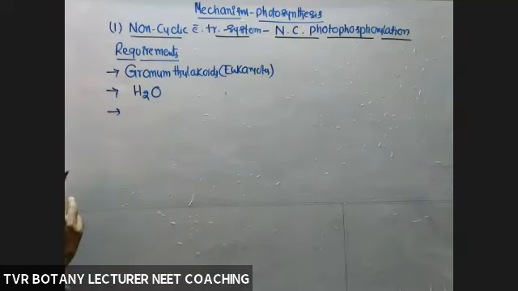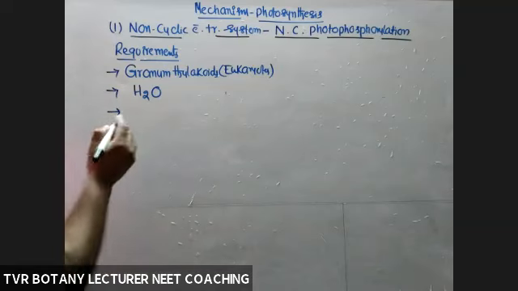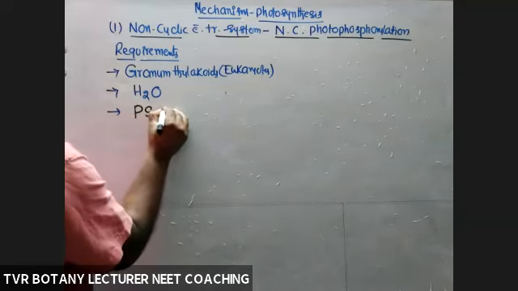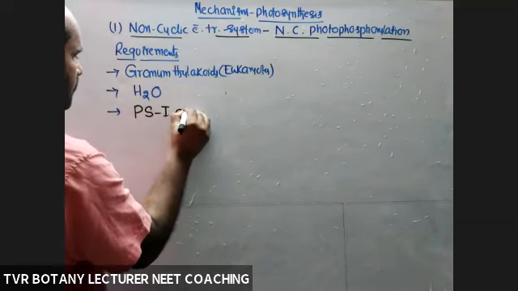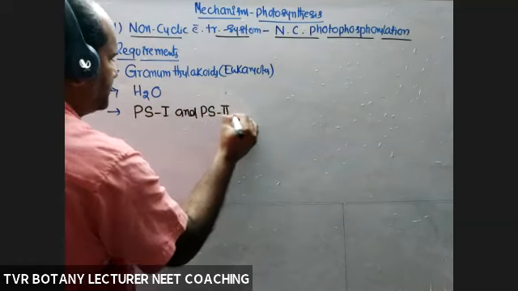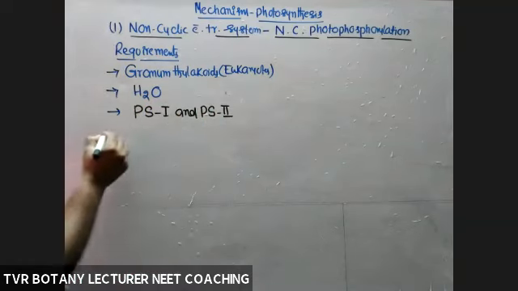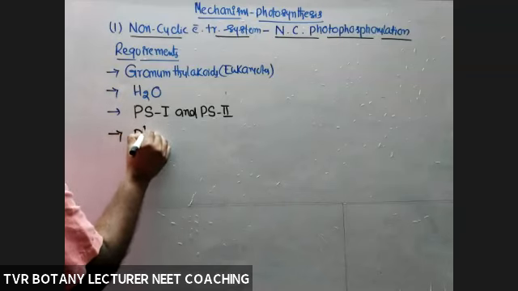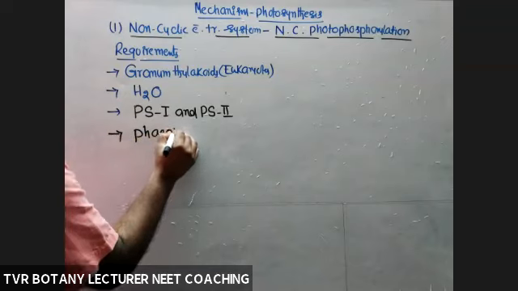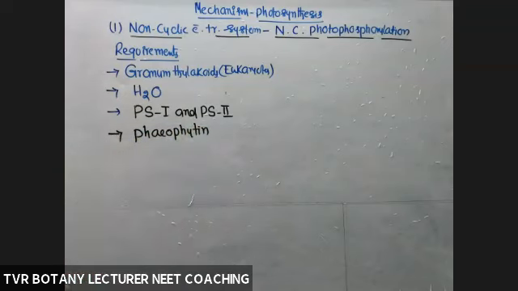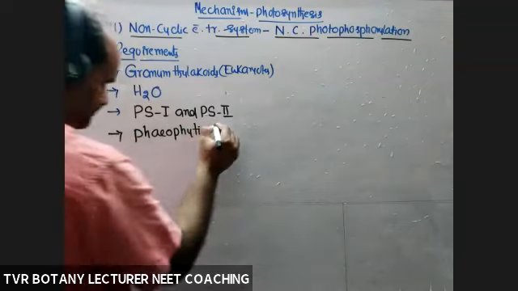Next, what are the photosystems required? Both PS1, photosystem 1, and photosystem 2 are required. Both must be operated. Next, pheophytin. Pheophytin is a type of chlorophyll A molecule.